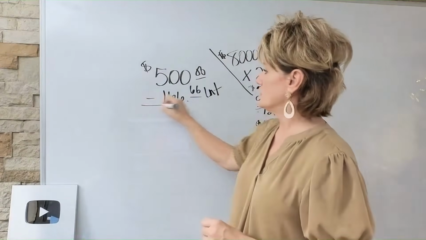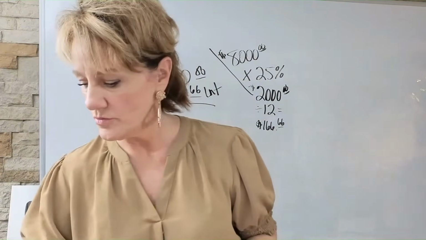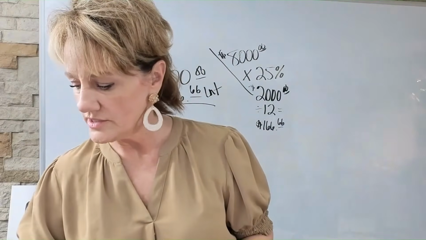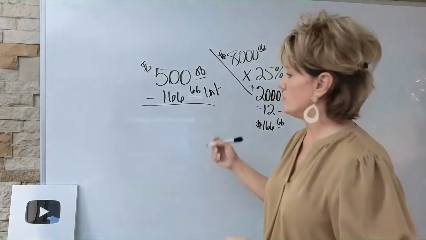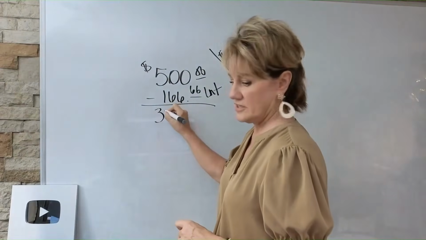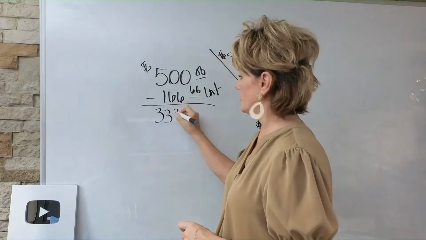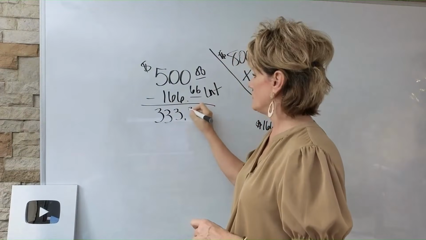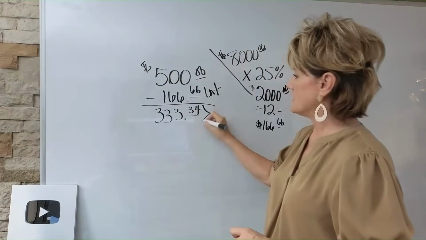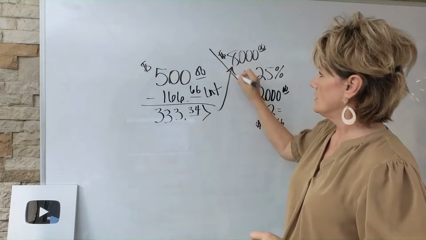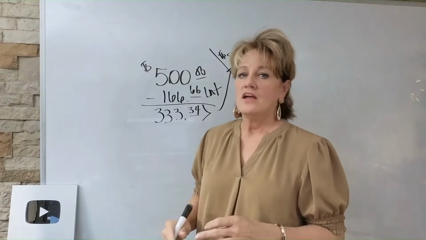So let's take our $500 payment, subtract out $166.66, and that means $333.34 is actually going to this balance.